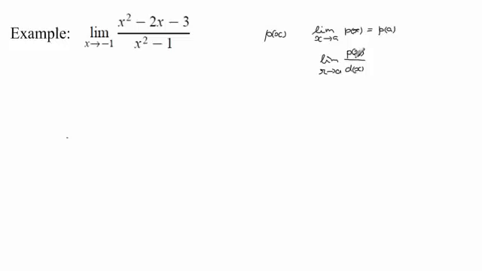If both p and d are defined at this point a, the limit will actually be equal to p at a divided by d at a, as long as d at a is not equal to 0. Then we're going to use these kinds of ideas to evaluate limits of this nature.